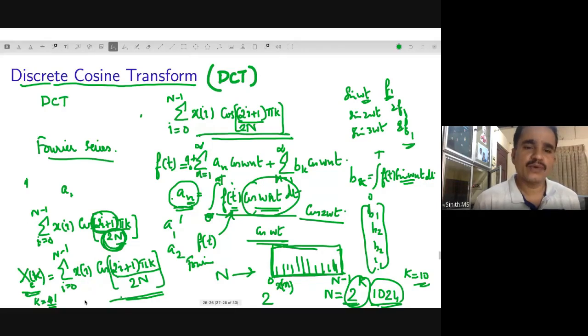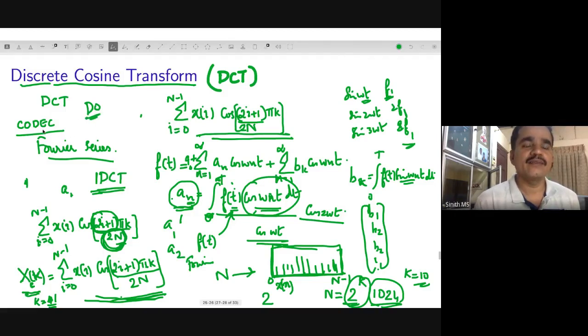So why do you go for this kind of transformation? The most attractive feature of the discrete cosine transform is that you can easily find the inverse discrete cosine transform using an almost similar equation, so that the coder and decoder, you know what a codec is, right? It is the hardware which contains both coding and decoding machinery.